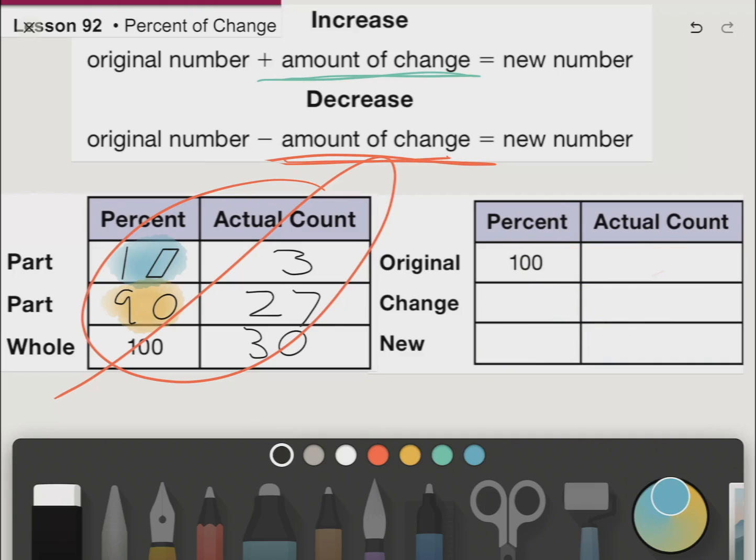So let's say that last month it rained 10 millimeters.